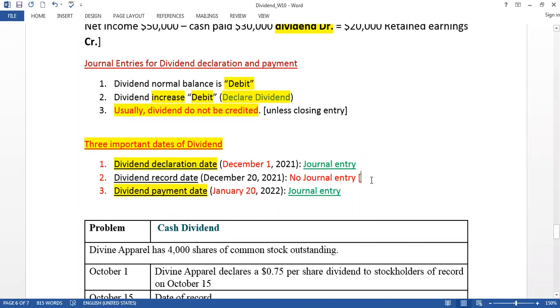So we calculate the number of shares outstanding.